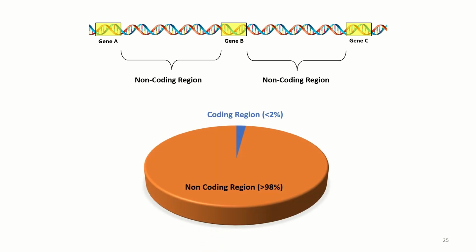Our genome largely consists of non-coding region. More than 98% of the DNA strand is non-coding region, and less than 2% is coding region.